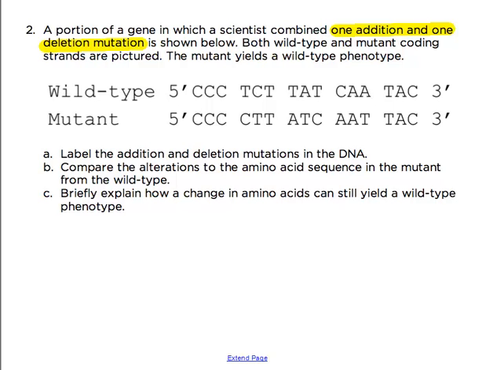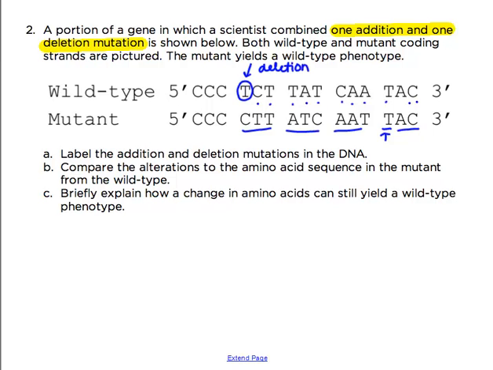Now, if you look through, let's just assume that this T is the one that's deleted. So if you continue along, you'll see it's CTT, which is this here, ATC, which is this here, AAT, that here, and then it's just AC, which is this here, and you're missing this T right here. So this is the deletion.